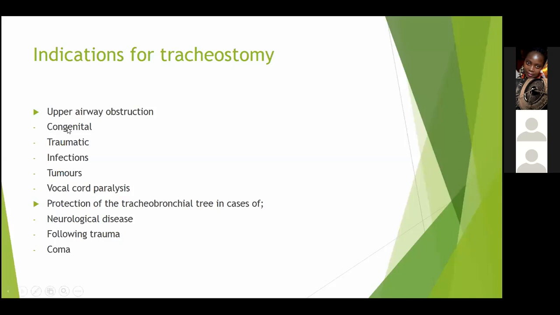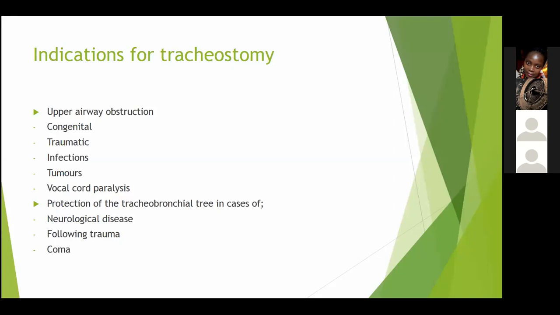And there are different causes of upper airway obstruction. For example, in form of congenital masses that could be obstructing the airway. For example, you could have a cystic hygroma. It could be a tumor of some form that is compressing on the airway.